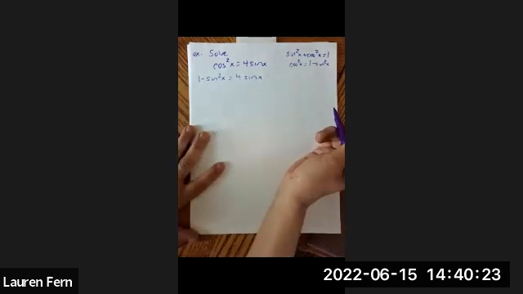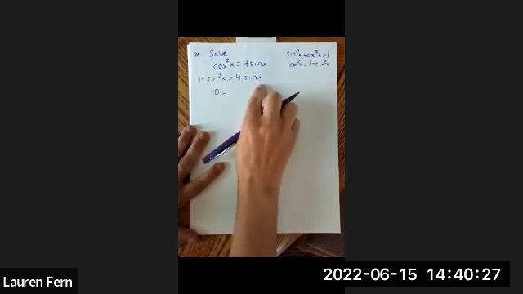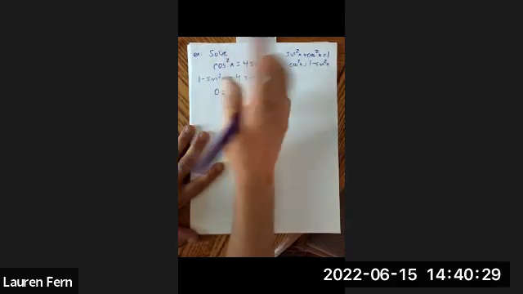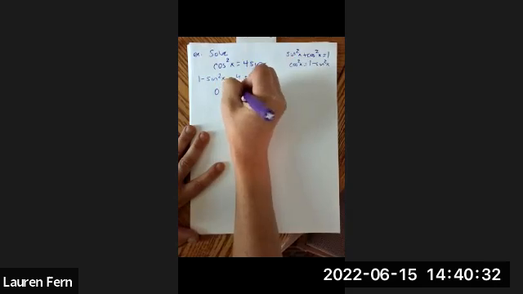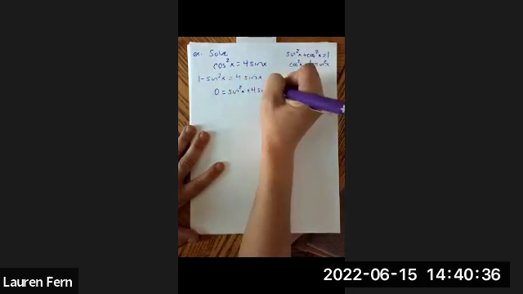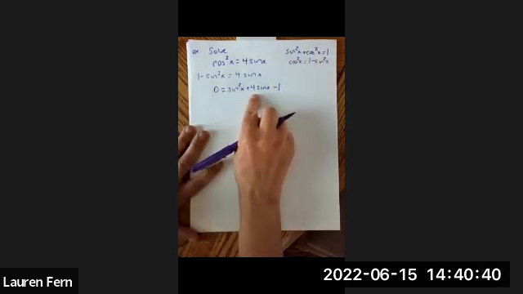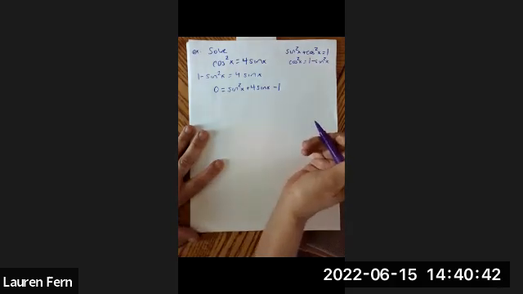Notice now I have one trig function. I can move everybody to one side. I'm going to move them to my right side because I always like a positive in front of my squared term. So I'm solving sine squared x plus 4 sine x minus 1.